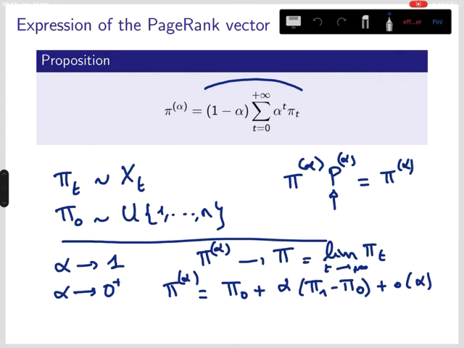So in terms of ranking, since pi of 0 is uniform, you will rank your nodes in terms of pi of 1. And pi of 1, if you come back to the first lecture, is just what we refer to as neighbor sampling. So if you let alpha tend to 0, what you obtain as a ranking is the same as the one you would get with neighbor sampling.